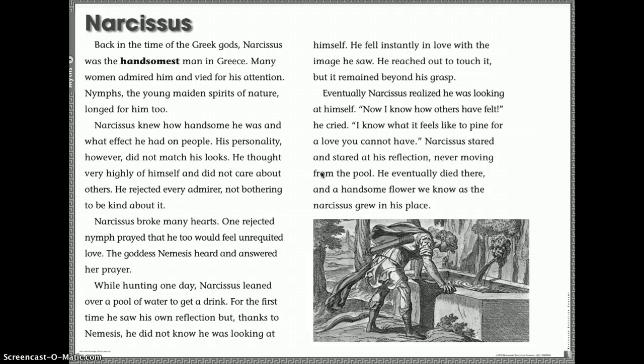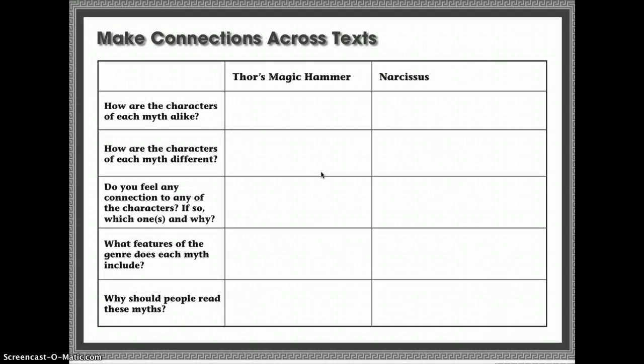All right, so now we've read both stories, or reread both stories. What I'd like you to do is make connections across the text. I'd like you to compare and contrast Thor's magic hammer and Narcissus, answering the questions. How are the characters of each myth alike? How are the characters of each myth different?